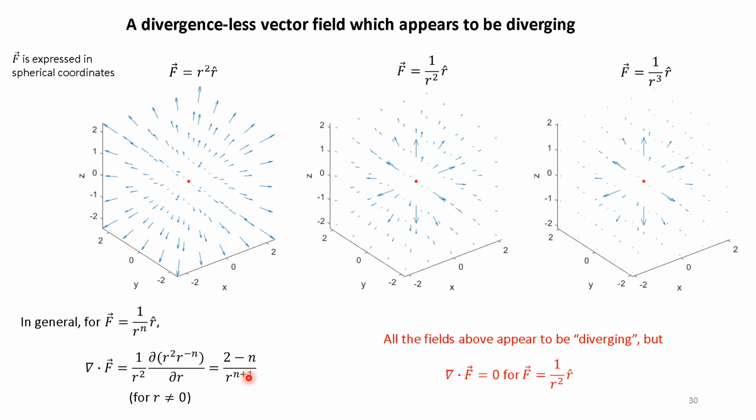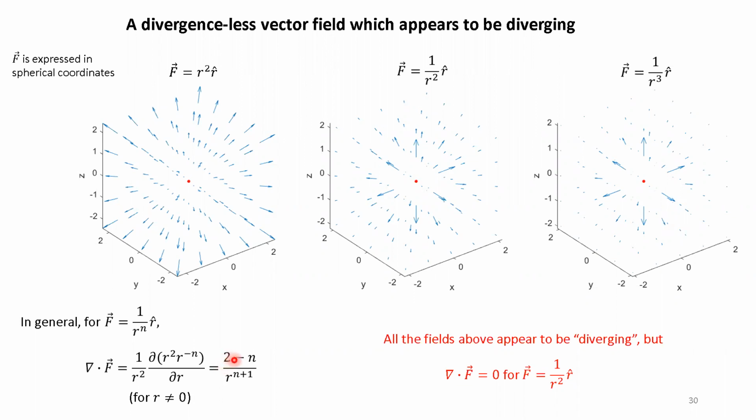Okay, so now you can see that, of course, in most cases it is non-zero, except for one case. That is, if you have 2 minus n equals 0, then the divergence of f is 0 everywhere.